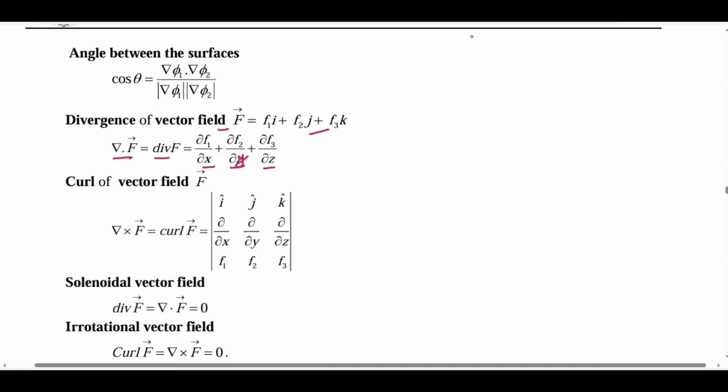Next one will be curl of a vector f, curl f vector will be the determinant with i j k, dou by dx, dou by dy, dou by dz, f1, f2 and f3.